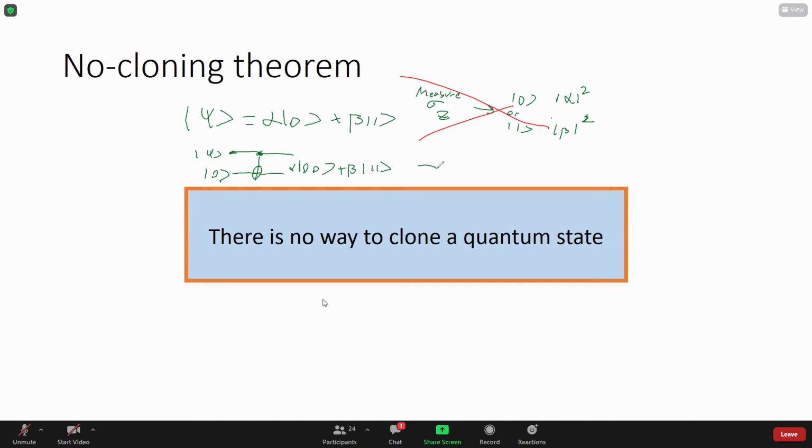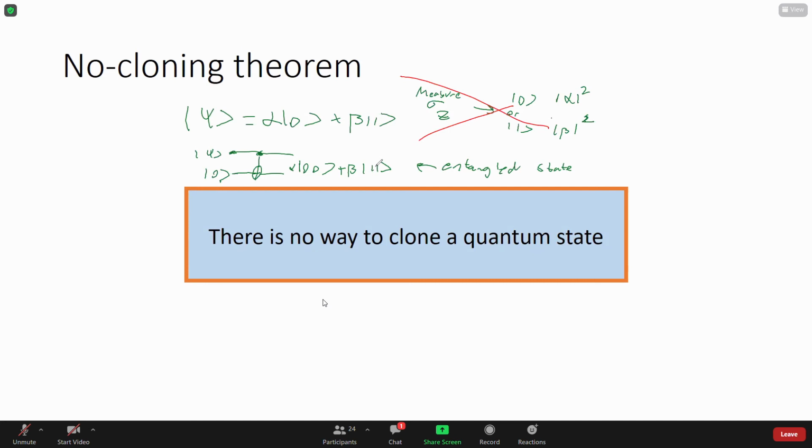And this is generally an entangled state. Meaning there's no way we can write this as two separate qubits, both in the state alpha 0 plus beta 1.